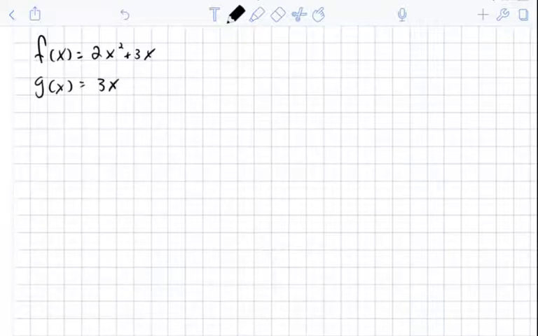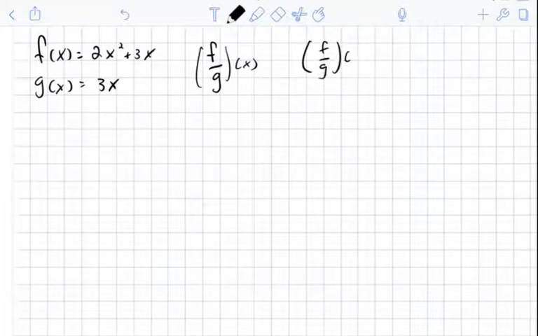All right? If somebody says, hey, we're interested in this expression, you say, okay. How do you evaluate this at, say, 4?